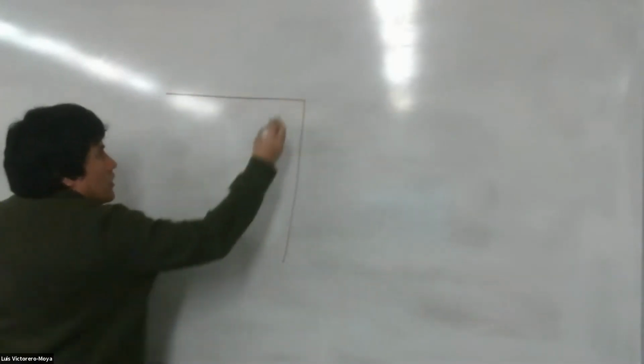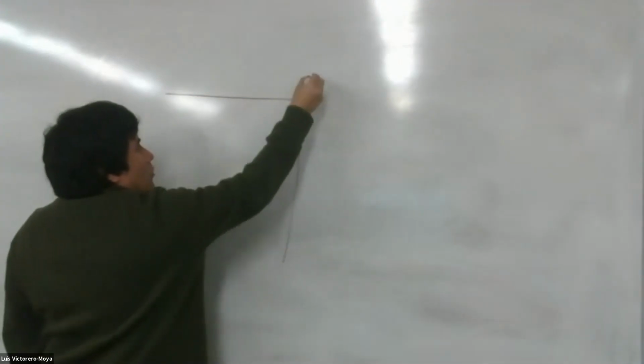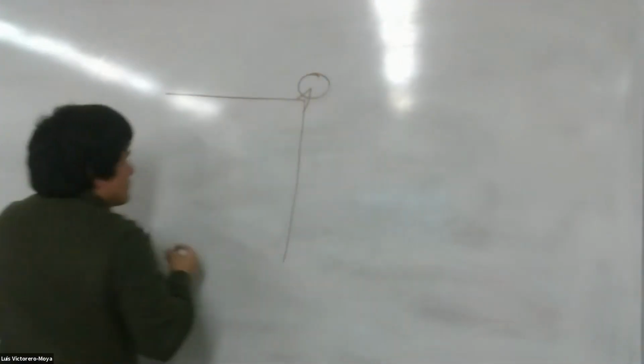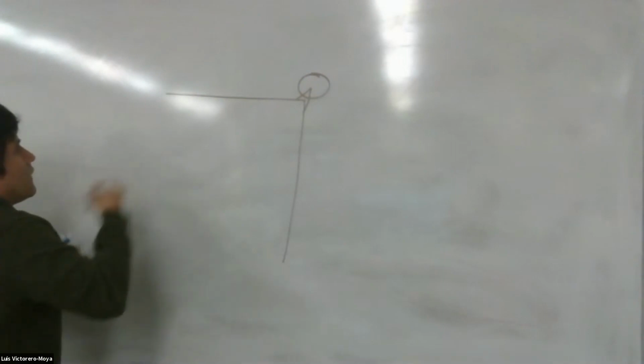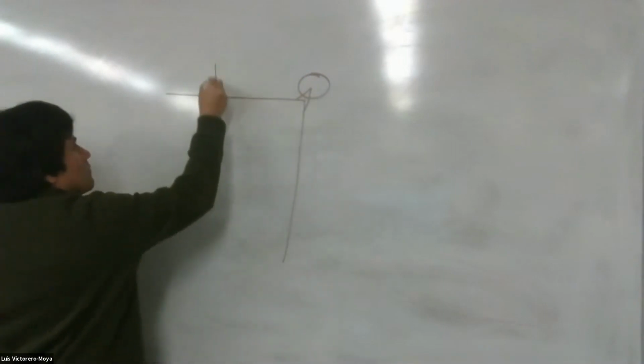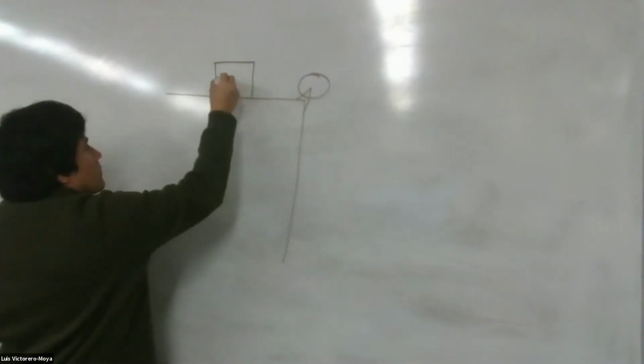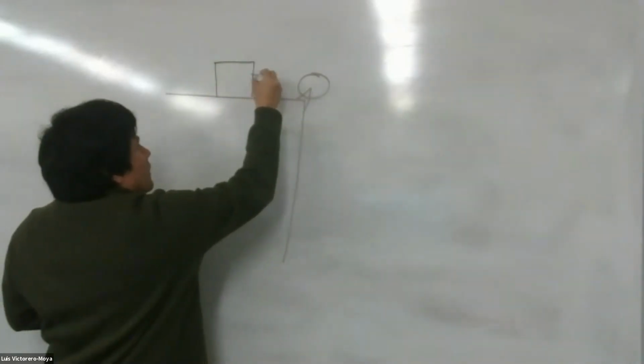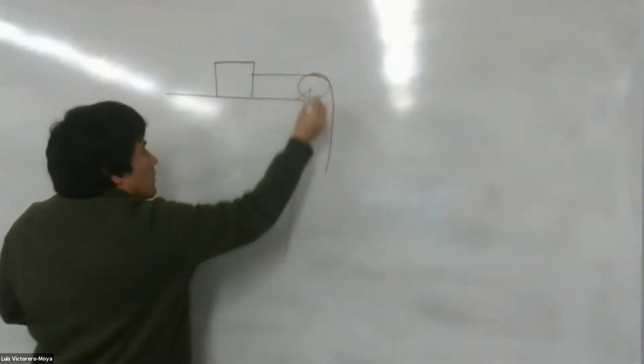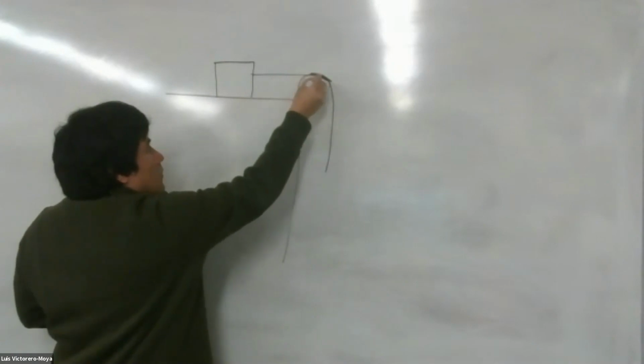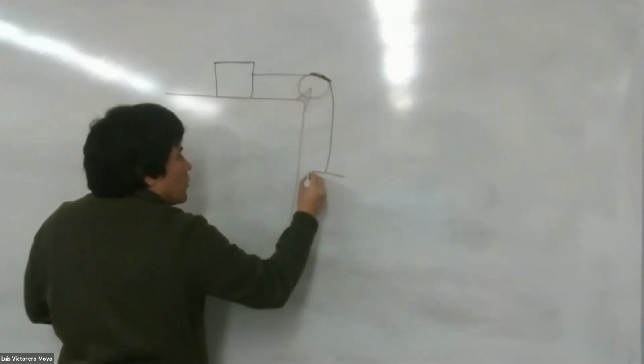You have this system of masses, and they give you M1 and M2 here.